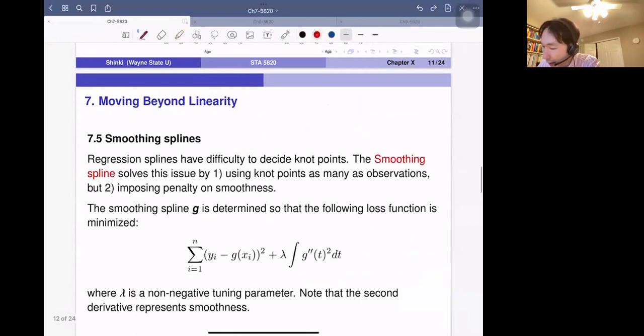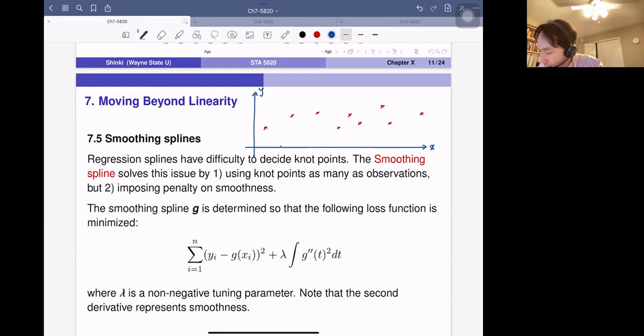So if we have ties, maybe we have some difficulty, but suppose that we don't have any ties for X. And we have observations, suppose 1, 2, 3, 4, yeah, maybe closer ones, and like this. We have how many points? 9 points. Then we just prepare as many knot points as possible.